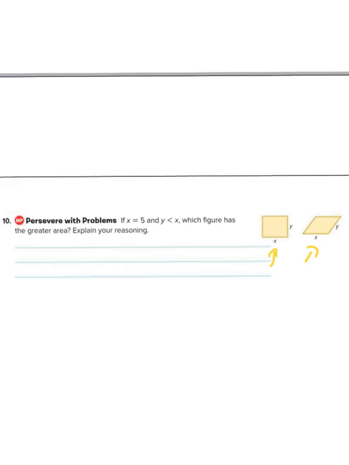Explain your reasoning. Well, we know for a rectangle that area is length times width, or base times height, same thing. So we know that x has to be equal to 5, and y has to be less than 5.